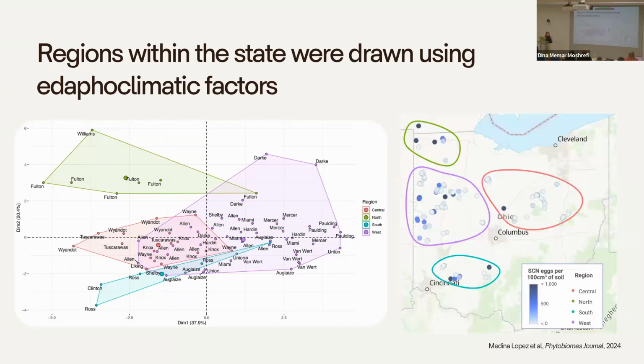And we found regional differences in the combination of edaphic factors and climatic factors that led us into drawing some regions within the map that would help us then understand what the differences in fungal community composition were that were associated with climatic factors of that region. And you can see those regions drawn here, and the colors correspond also to that principal component analysis.